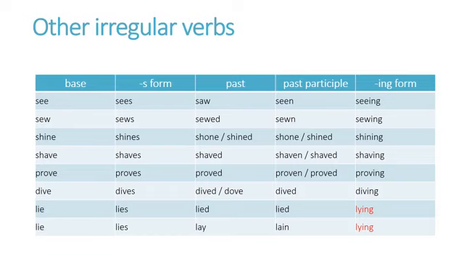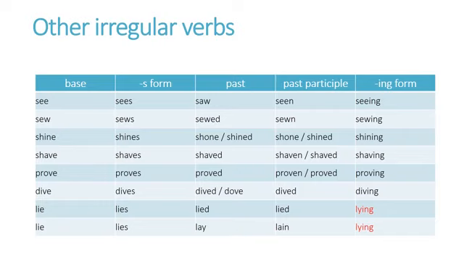The next one is interesting because it has two separate meanings and two different forms. Shine, shone, shone, or shine, shined, shined. Now generally, if we're saying something like the sun shone, that means it exhibited brightness.